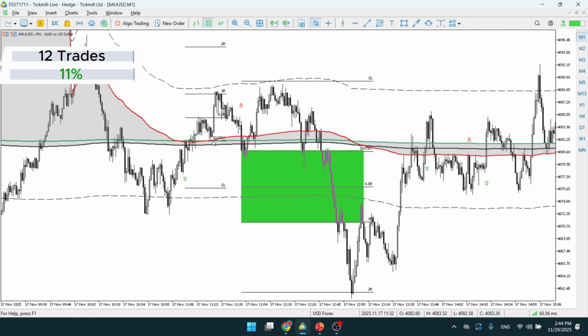Okay, we're at the end of the month, and basically we had one trade here that hit break even. Then I took the second one, and the second one I'm exiting at 1R after it hit my 2R.